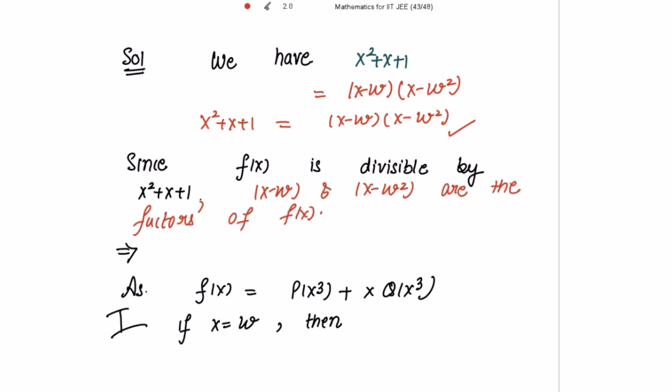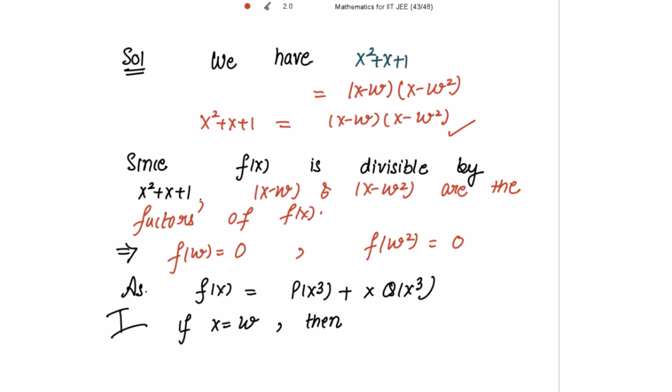By the factor theorem, if x minus omega is a factor of f(x), then f(omega) is equal to 0. Similarly, if x minus omega square is a factor of f(x), then f(omega square) is also equal to 0. So f(omega) equal to 0 means omega satisfies this f(x).